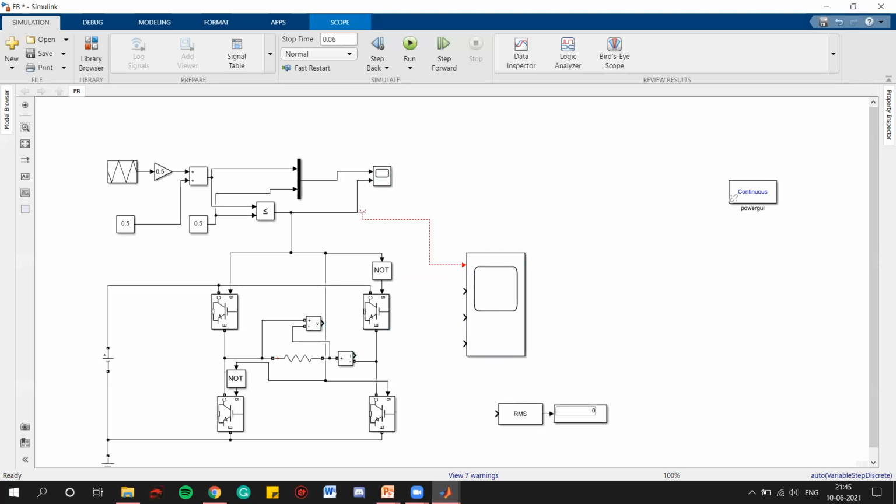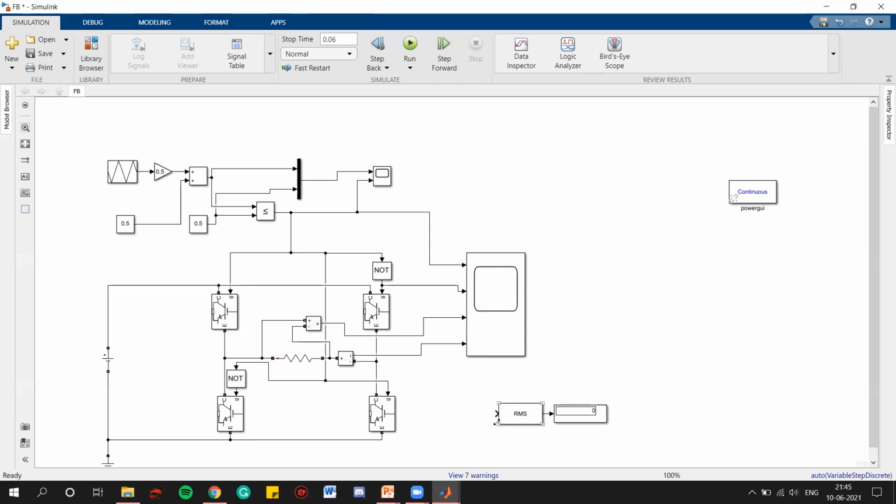First one would be the positive waveform, second one is the NOT gate waveform, third one is the output voltage, the fourth one is the output current, right?